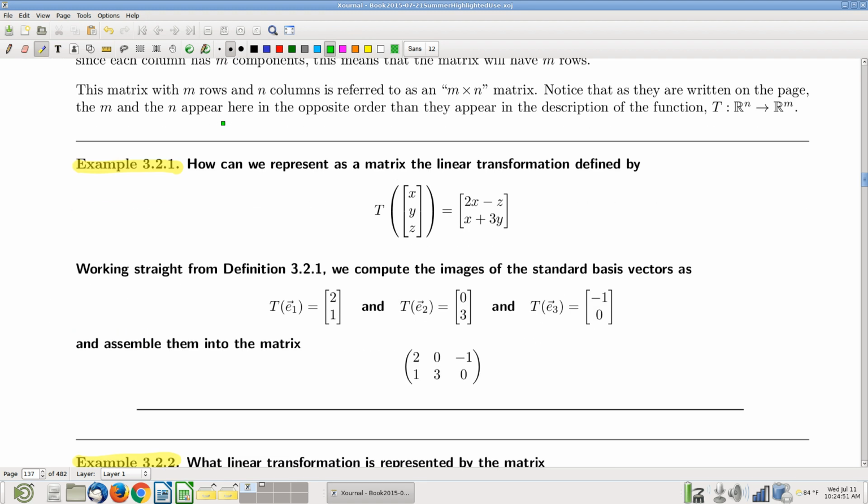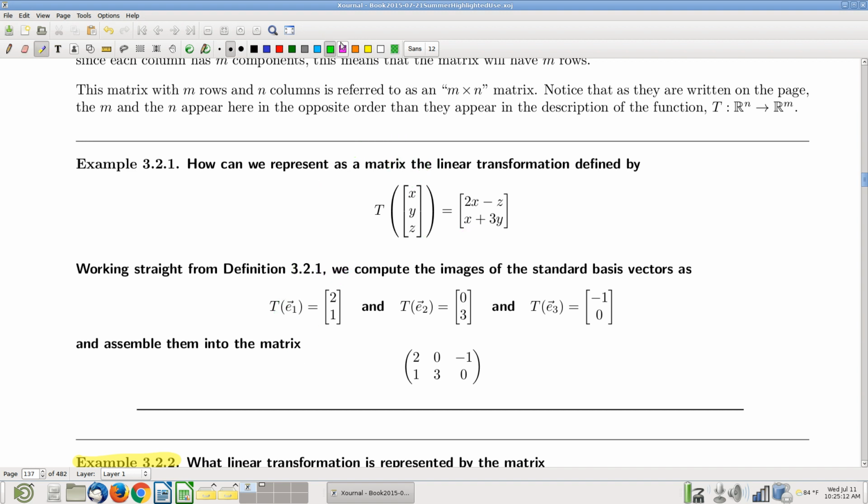Okay, so a couple of quick examples. Here's a linear transformation. How would I represent it in shorthand? I'm just going to follow the rules. E1 has that image. You plug in 1, 0, 0, out comes 2, 1.